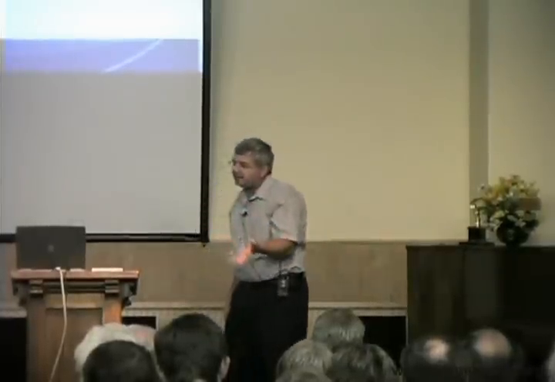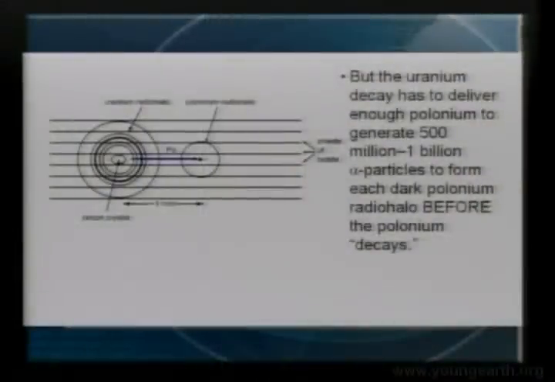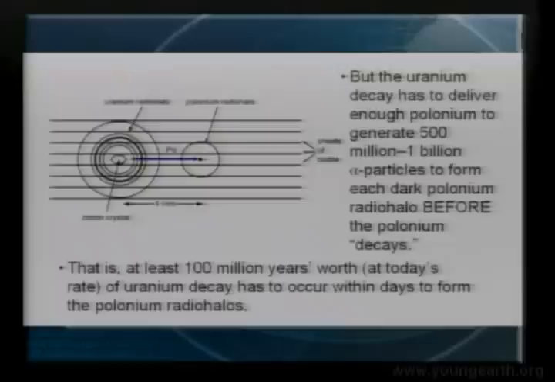But remember, the uranium decay has to deliver enough polonium to generate 500 million to 1 billion alpha particles to form each dark polonium radiohalo before the polonium decays. So you've got to transfer that much polonium from the zircon crystal across to form a polonium radiohalo nearby.